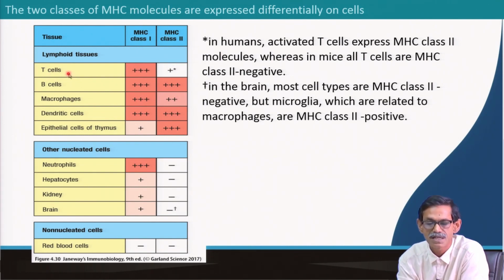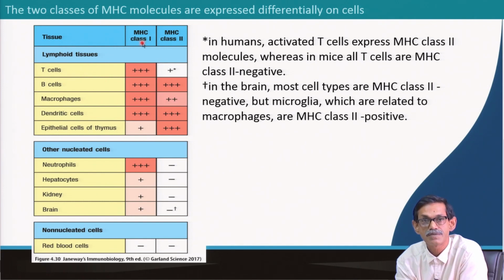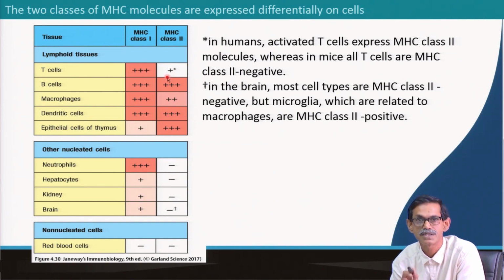If you see T cells, they express MHC class 1 heavily, MHC class 2 not that much. In human cells, activated T cells express MHC2, whereas in mice, where most of the immunology experiments were done, the mouse is completely MHC class 2 negative, which is what the asterisk means.